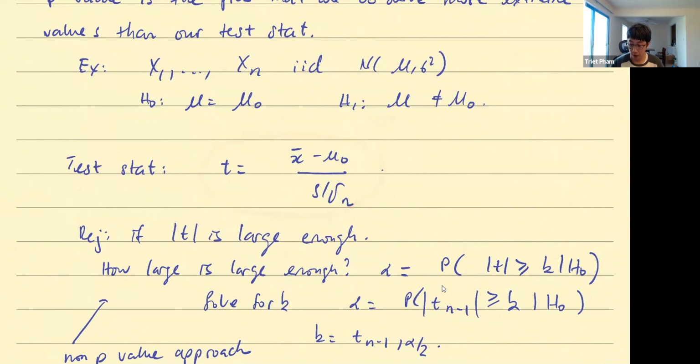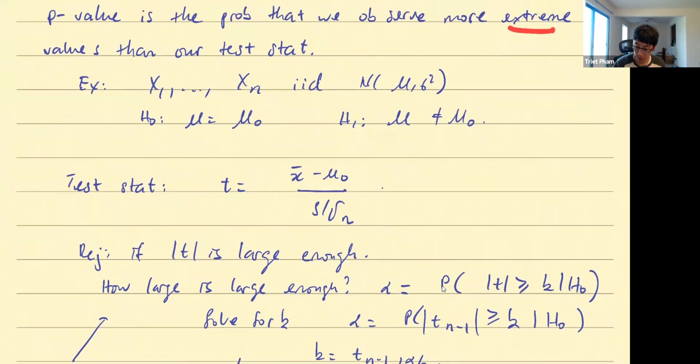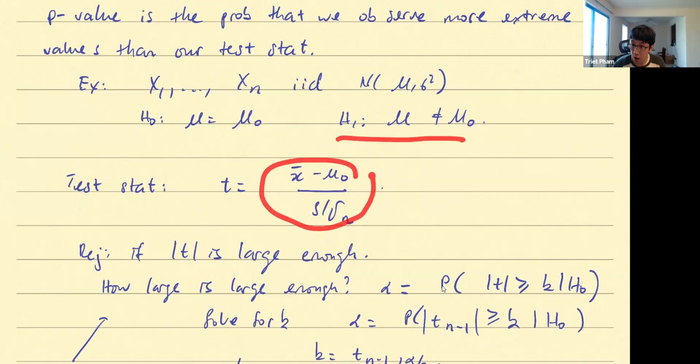But first of all, what does it mean to be more extreme than my test stat? Go back to the spirit of the hypothesis test. I form this test stat with the intention that I will reject, I would go with the alternative, if this is too large or too small.